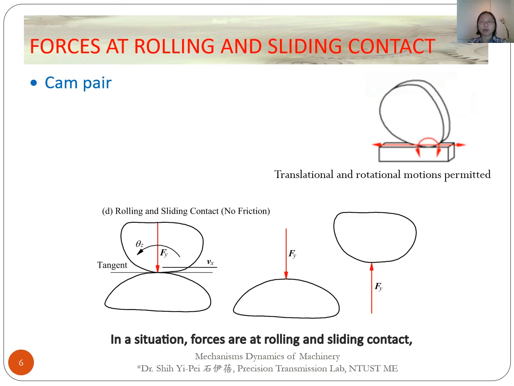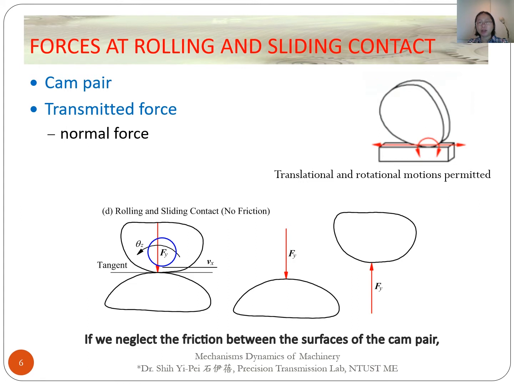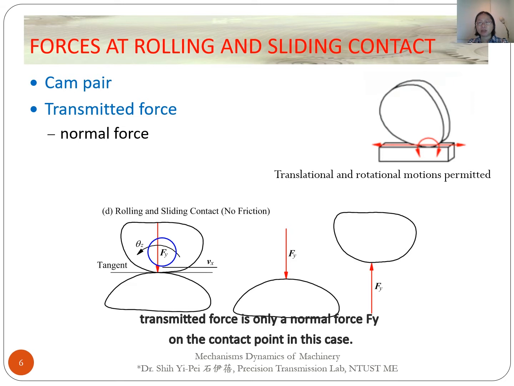In a situation where forces are at rolling and sliding contact, a cam pair, for example, permits translational and rotational motions. If we neglect the friction between the surfaces of the cam pair, the transmitted force is only a normal force Fy on the contact point in this case.